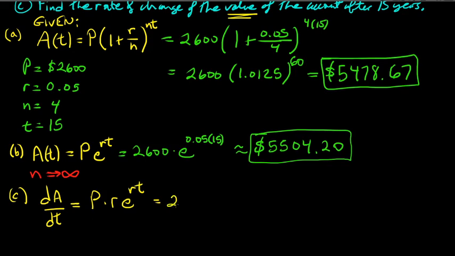So in this case, it's really just the same thing multiplied by r. Everything's the same, it's still 2,600, but now we just multiply by 0.05 times 15.